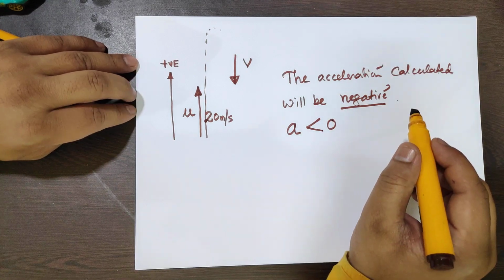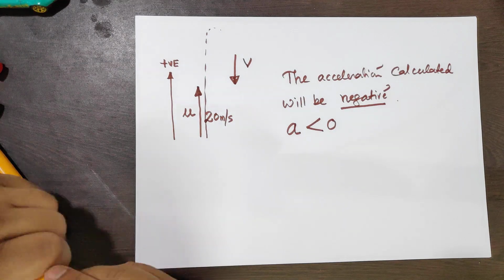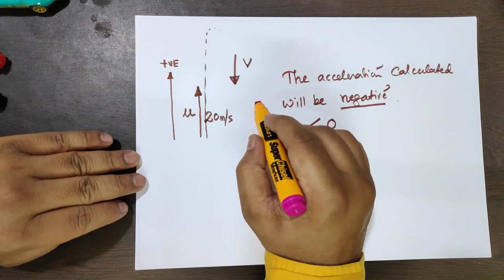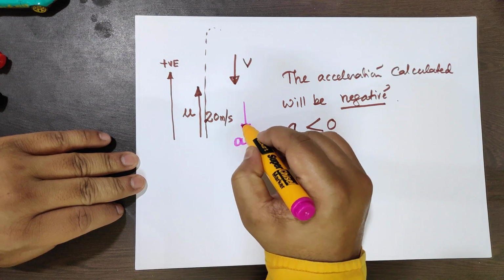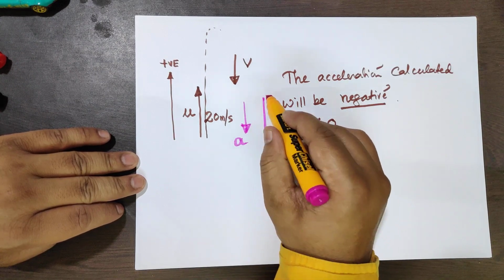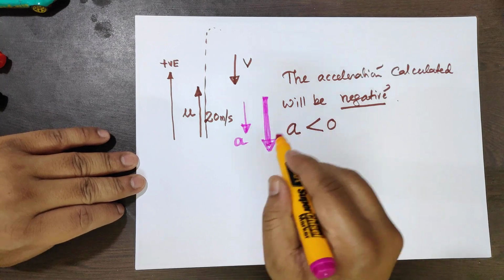A is negative. What does that mean? The direction of a is opposite to the positive direction, so that's a. This is the direction of acceleration, and we can conclude this is the direction of force.